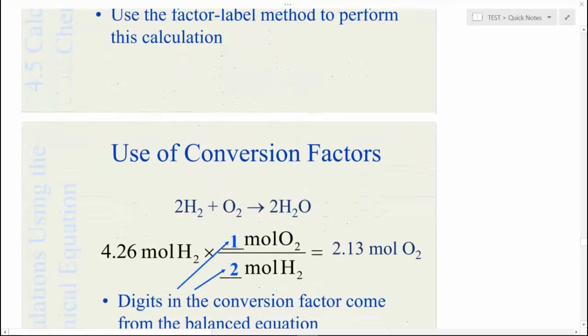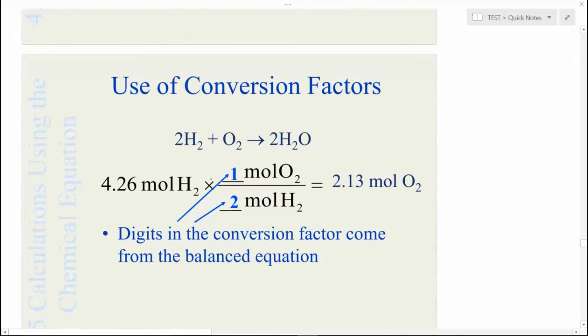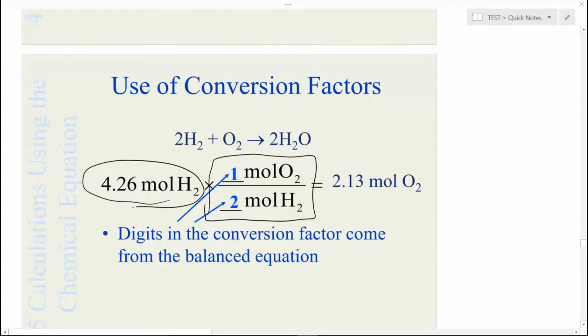We can figure that out because we know that 1 mole of O2 reacts with every 2 moles of H2. It's a conversion factor. That conversion factor will allow us to calculate from 4.26 moles of H2 how many moles of oxygen are needed.